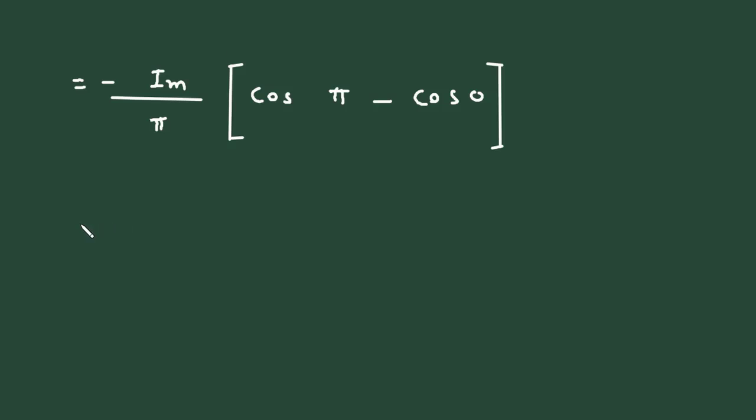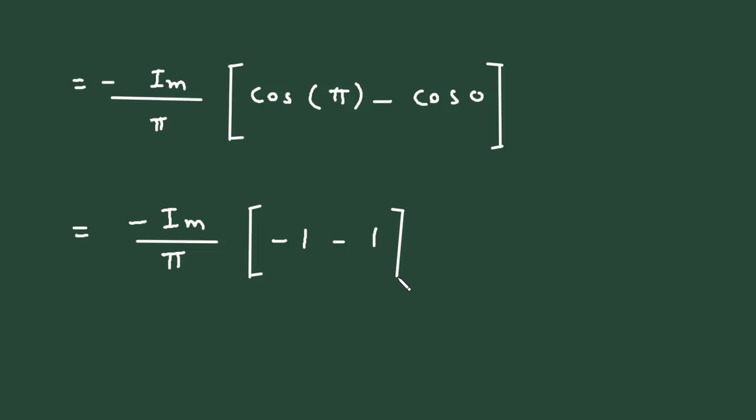So now it will be minus Im divided by pi, in bracket, cos pi. So cos pi means cos 180 degrees, so it is minus 1. And minus cos 0, the value is 1.